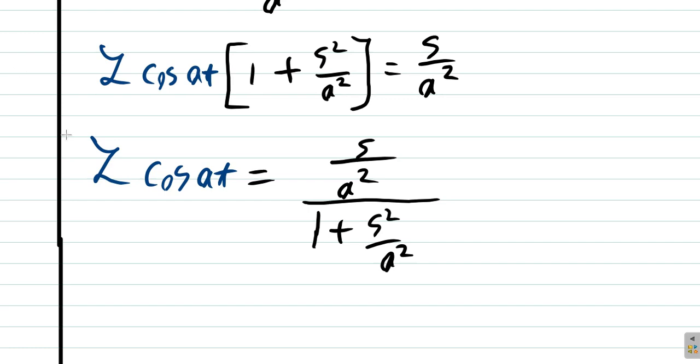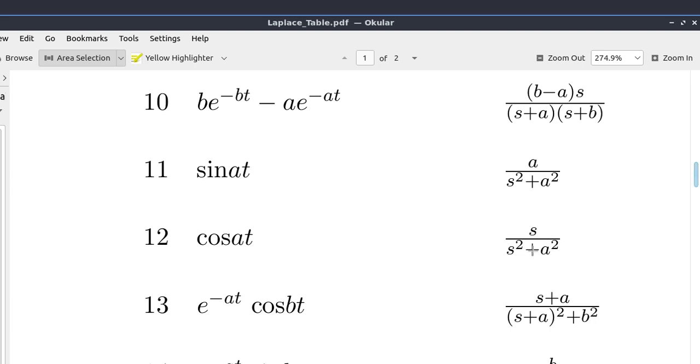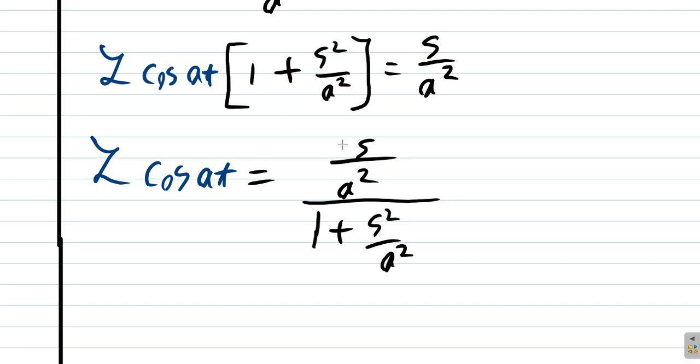Let's see if we can fix this up to match what the table says. So it's supposed to be s over s squared plus a squared.